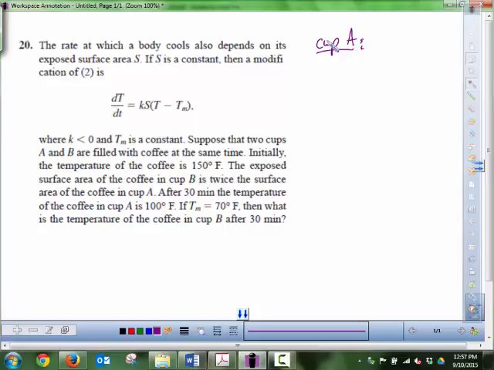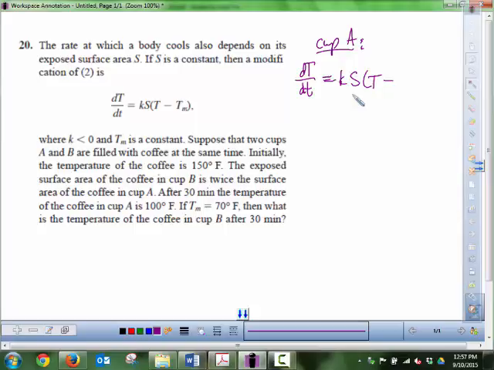All right, so our independent variable is little t, and our dependent variable is capital T, and everything else around here is constant. So dT/dt is equal to KS(T minus Tm). At this point, the only thing we really know is Tm.